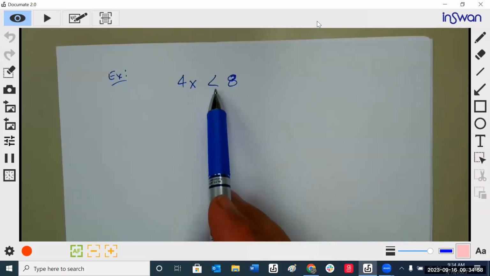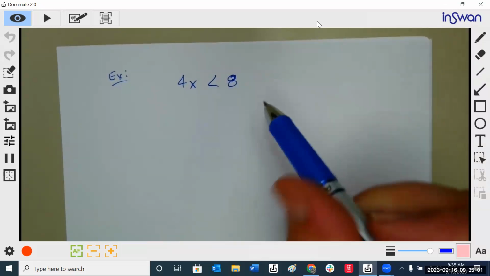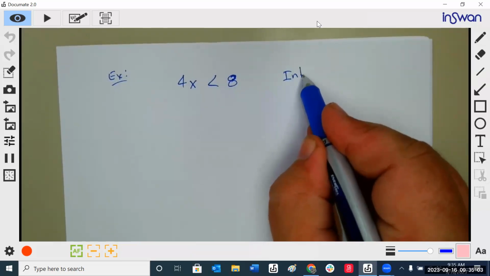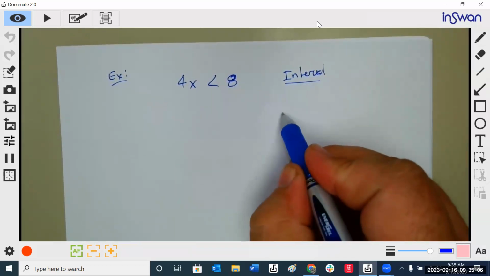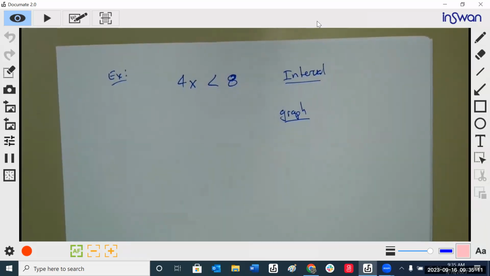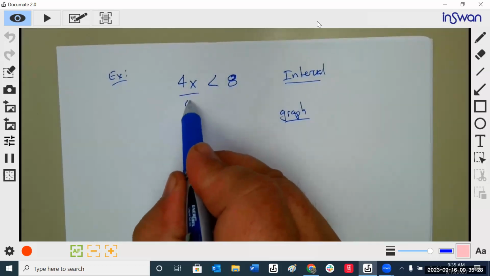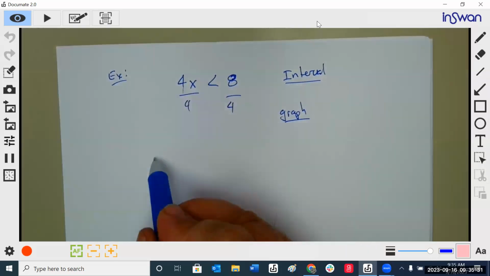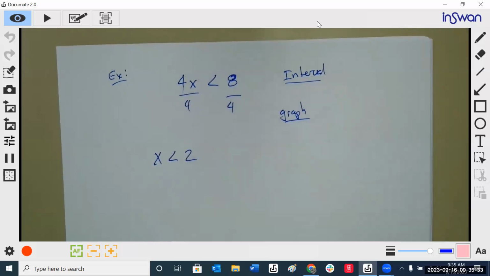Set, yeah, it has inequalities, so it's set notation. So I want you to give it to me in interval and graph. So how would you solve it? You have to get X by itself first. Treat it the same way as if it was an equal sign. If it was 4x equals 8, what would you do? Yep. So X is less than 2.